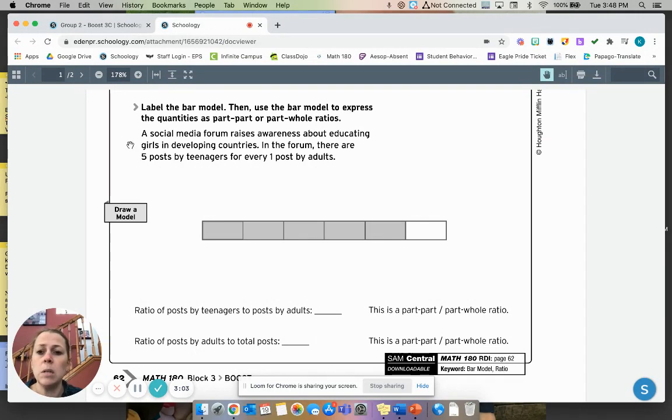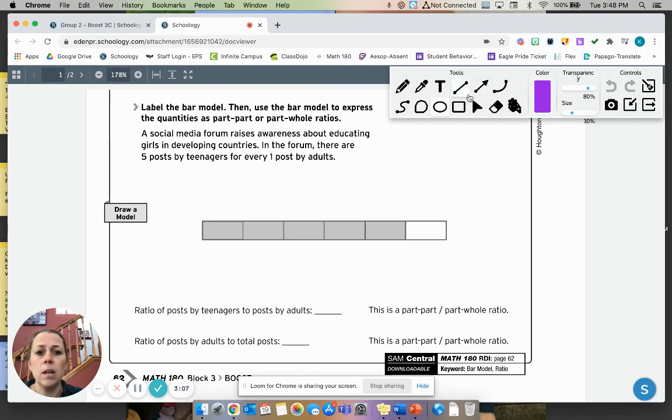Here we have a social media forum that raises awareness about educating girls in developing countries. In the forum, there are 5 posts by teenagers for every 1 post by adults. Down here, I see 5 boxes.